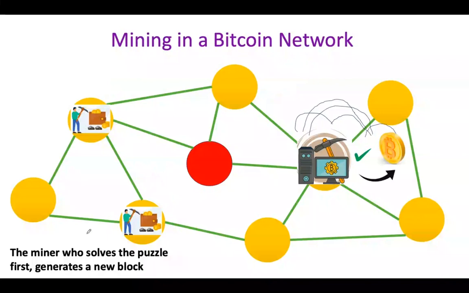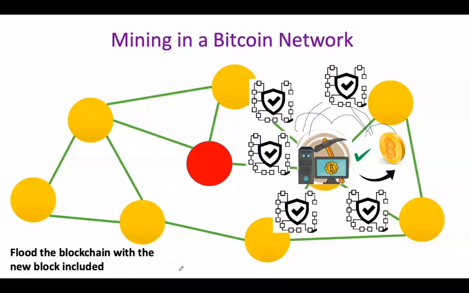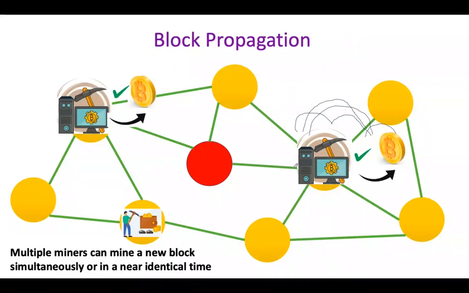Okay, so that is the miner who solved the puzzle first, meaning who collected all the transactions, did the verification of whether transactions are confirmed or not, and after that did the mining, solving the puzzle and generating a new block. That new block is broadcasted, flooded across the blockchain, and will be received by every other user.